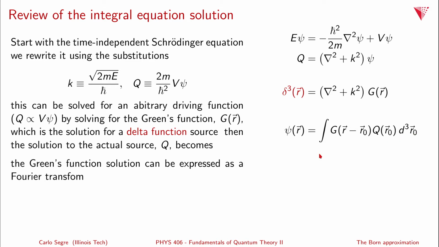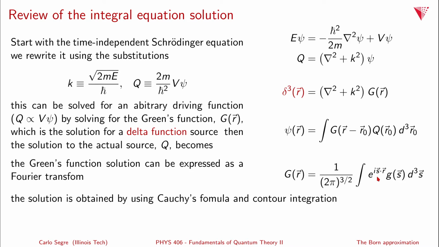And the Green's function solution can be expressed as a Fourier transform. That is, G of r is equal to 1 over 2 pi to the 3 halves times the integral of e to the i s dot r G of s d cubed s. So G of r is the Fourier transform of G of s, or the inverse Fourier transform of G of s.